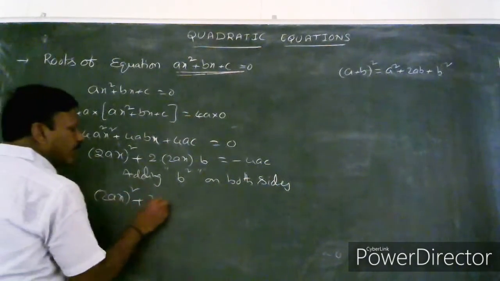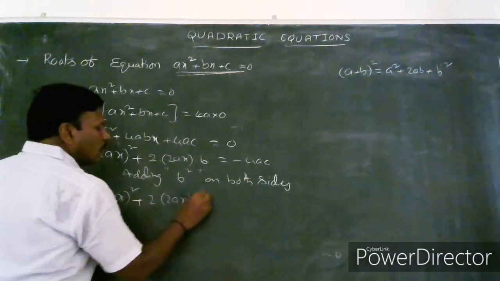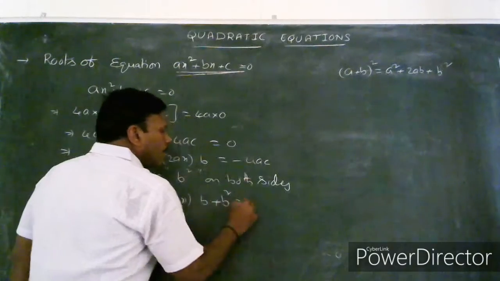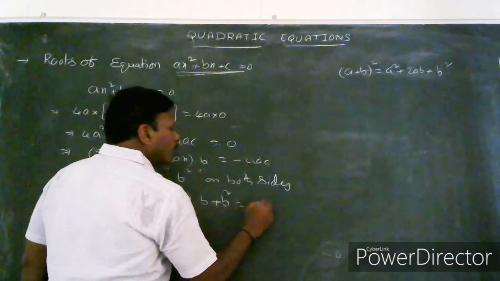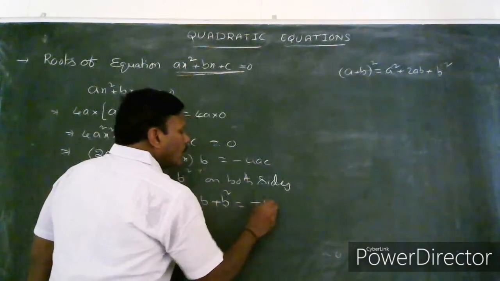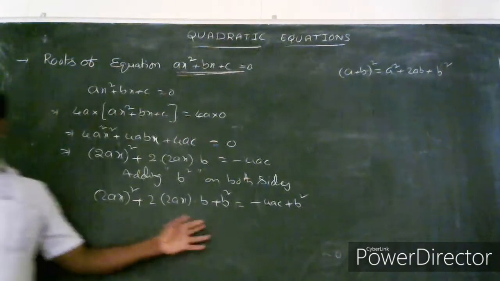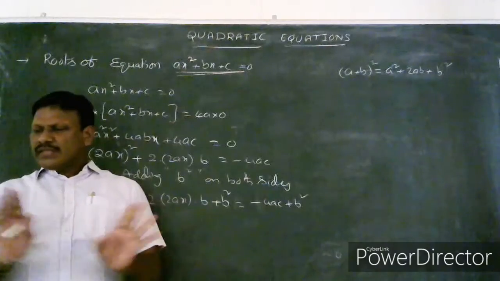(2ax)² plus 2 into 2ax into b plus b² is equal to minus 4ac plus b². We are adding b² on both sides, so there is no change.